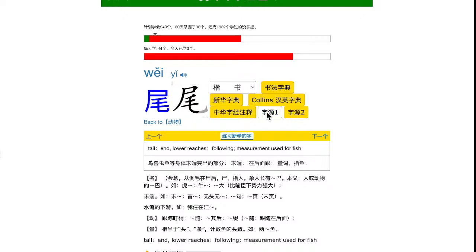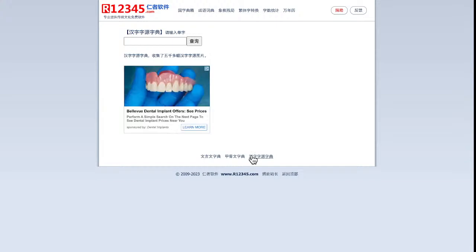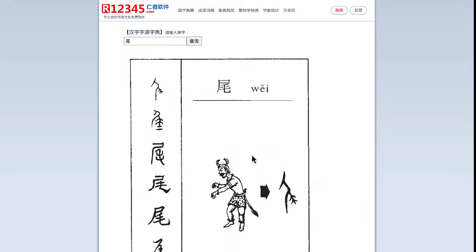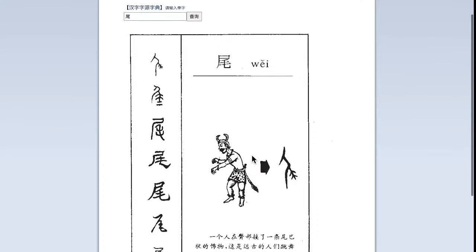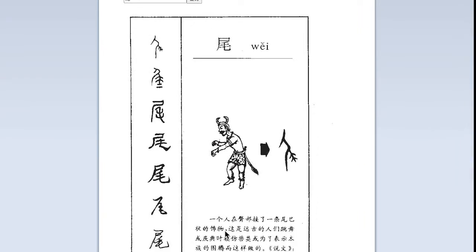If you look at this character, you can see that it looks like a man, right? On the right side is a man, can you see? But this man is kind of strange. They attached a tail to this man, to emphasize that this is about a tail, okay?